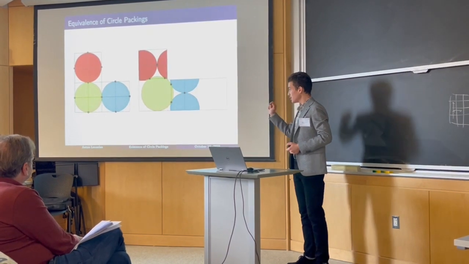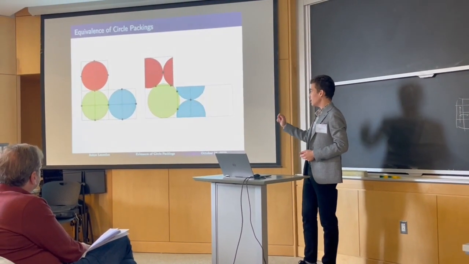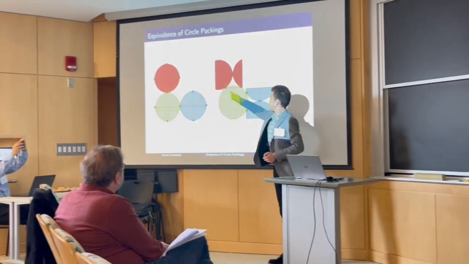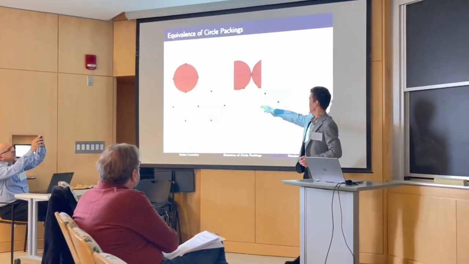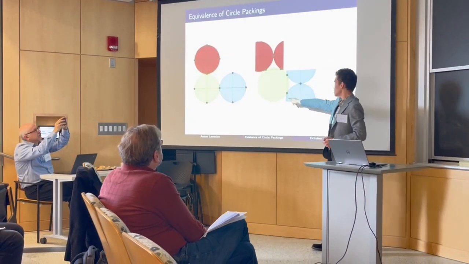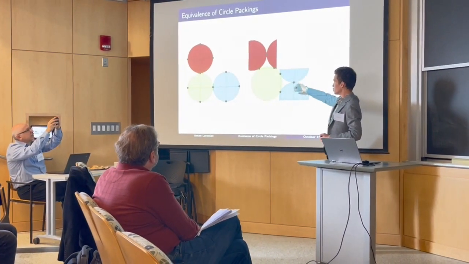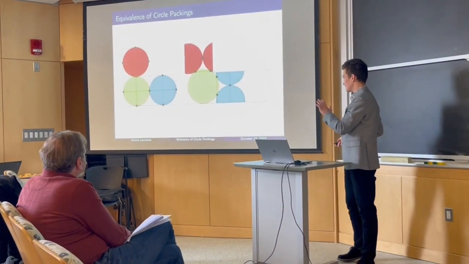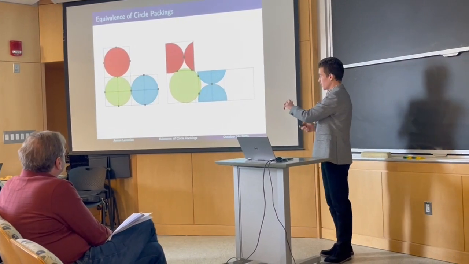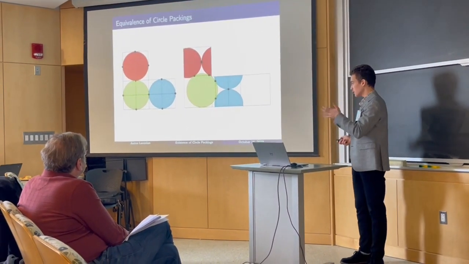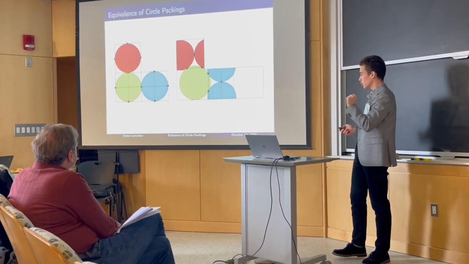However, the corresponding segments do not intersect in the diagram to the right. So this segment connects the two tangency points between the yellow circle and the red circle, and this segment connects the tangency points between the yellow circle and the blue circle, and they do not intersect. For this reason, we consider these two packings distinct. These patterns will be called tangency patterns throughout the presentation, and because the tangency patterns here are different, these two packings are also different.